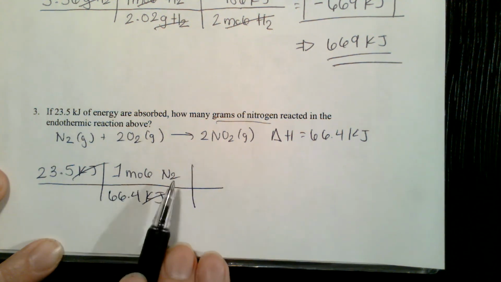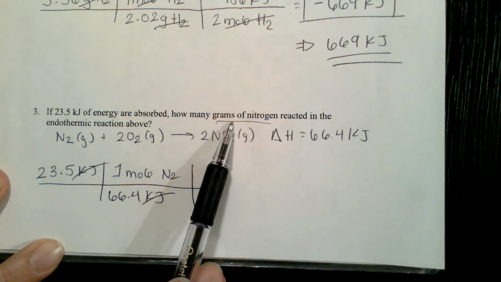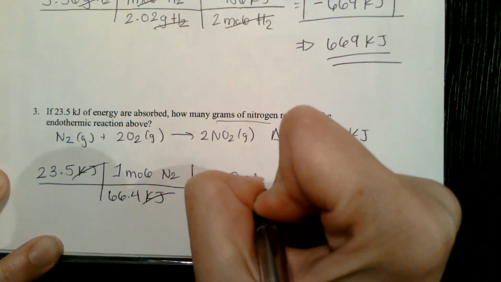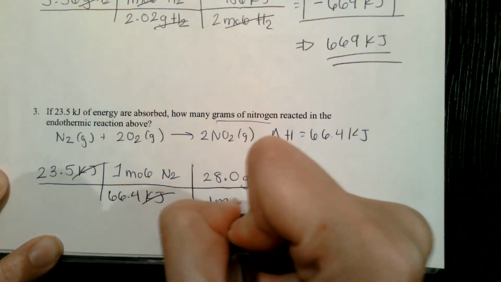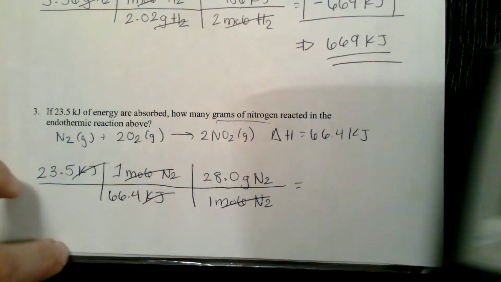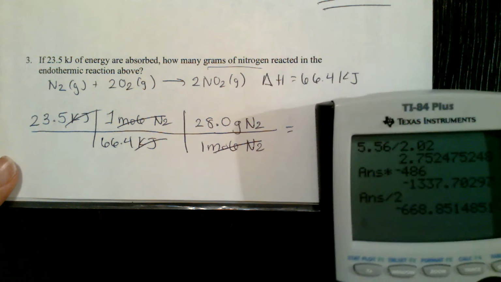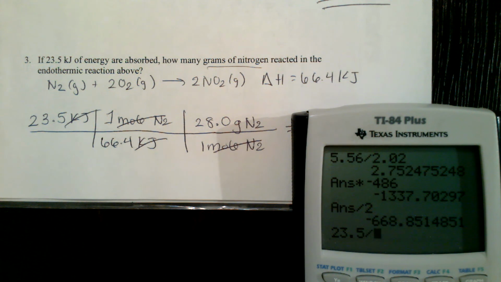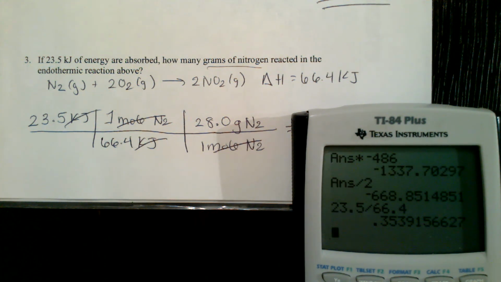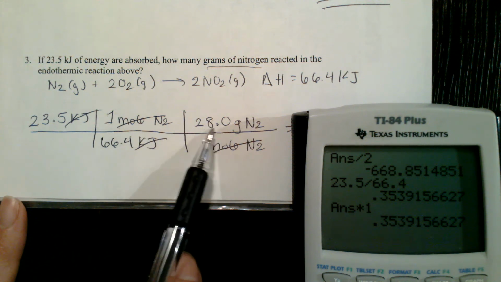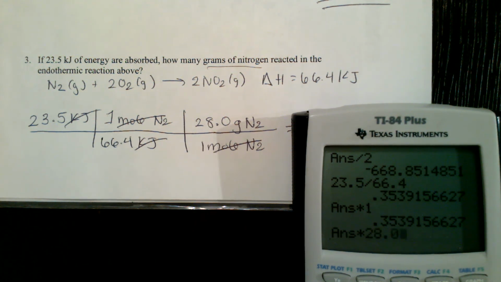So our energy cancels. We now have moles of N2. And now they're just asking us to turn that into grams or mass. So that's going to be 28.0 grams of N2 for every 1 mole of N2, where our moles of N2 are going to cancel there. Okay, so we have 23.5 divided by 66.4, times 1, which was our coefficient in our reaction, and then times the mass of nitrogen, that 28.